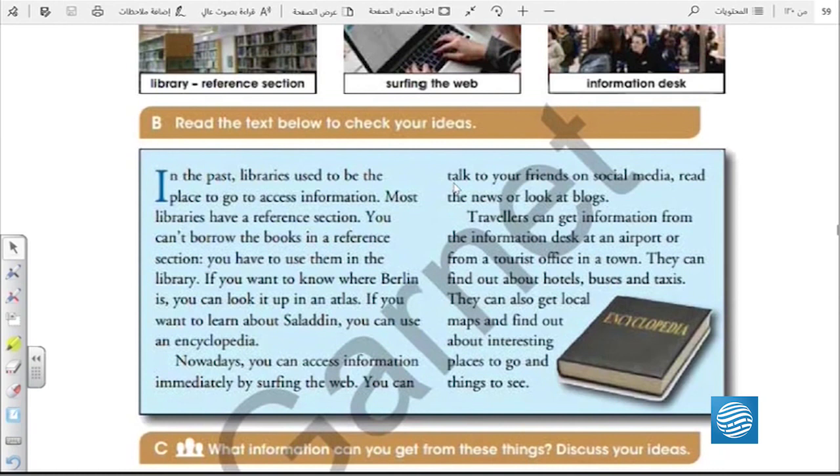So what's the meaning of a reference section? A reference section is the place where you go, sit, and take the book that you want to know about, like an atlas or encyclopedia, and then you sit in the library, read only, and take it back to the shelf. So this means reference section.